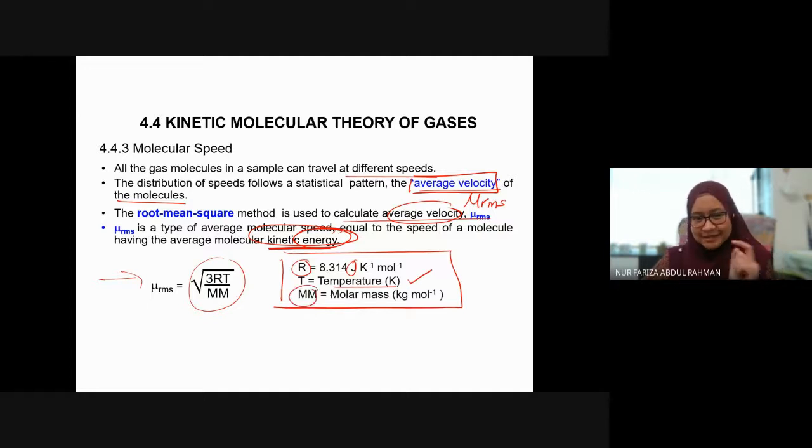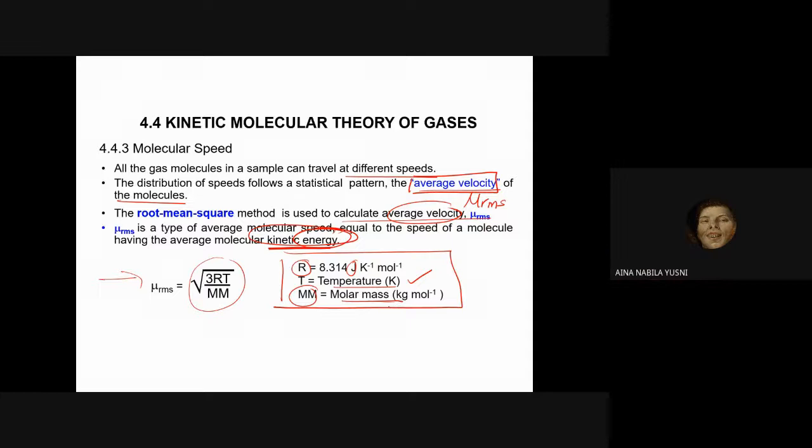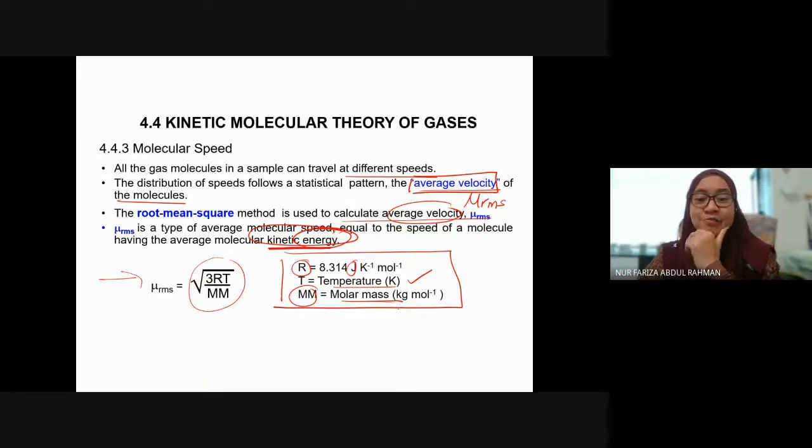Molar mass, guys. Can you see what is interesting about the molar mass here? It's in kg. It's not a typo or whatsoever. It's in kg, which means you have to convert to kg. There is a reason at the back for why they use kg.